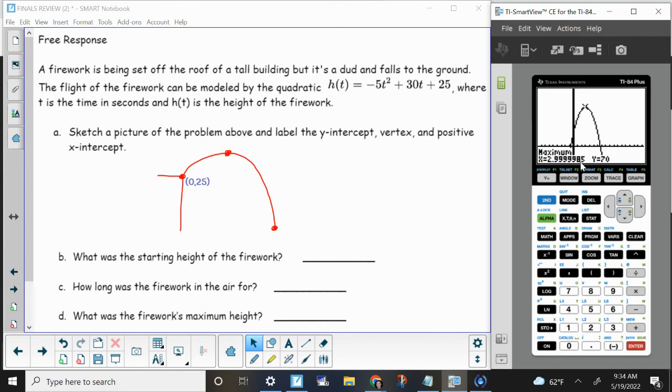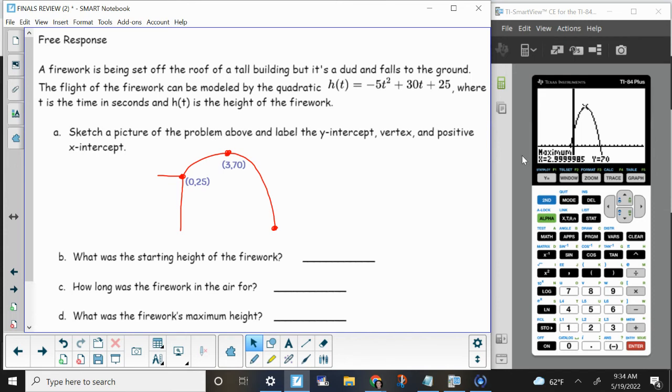I can round this x value to 3, and my y value will be 70. That tells me after 3 seconds, this firework will reach its maximum height, and the maximum height it reaches is 70 feet off the ground.